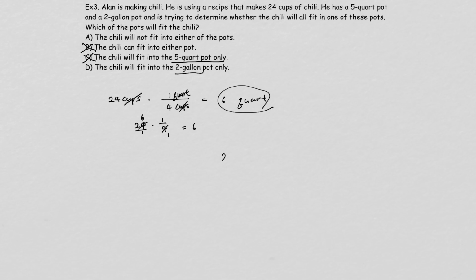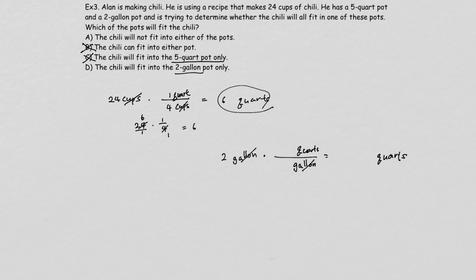So let's see, 2 gallons. You're going to multiply by something over gallon. The unit we're trying to convert to is quarts, so it should be quarts on the numerator. That way the denominator gallon will cancel out the gallon in the numerator.